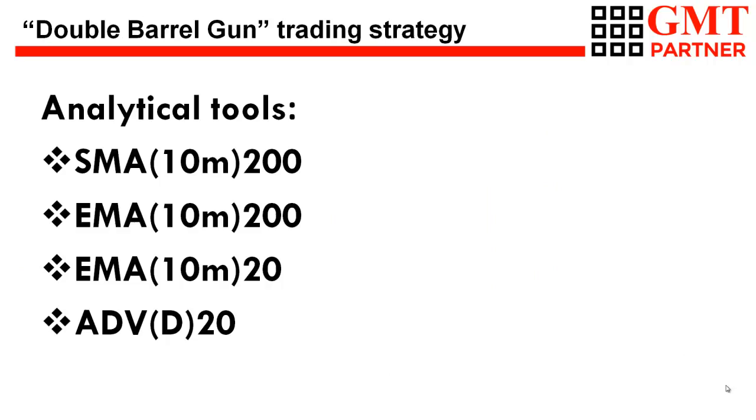The double-barrel gun strategy uses the following analytical tools. First of all, it uses a pair of moving averages, simple and exponential type, with the parameter of 200 intervals. The third moving average is 10 times shorter than the previous two. It is an exponential type moving average.